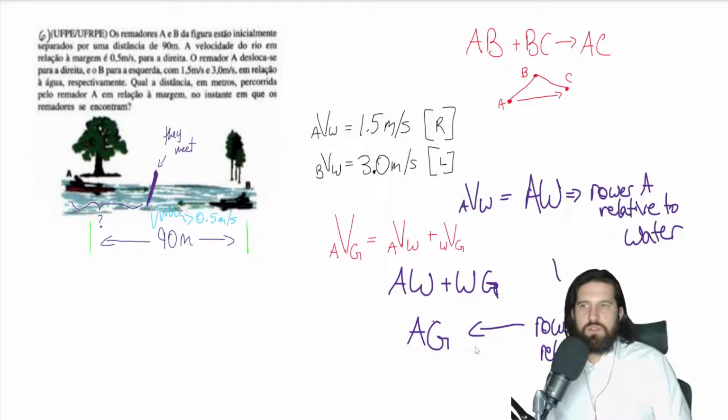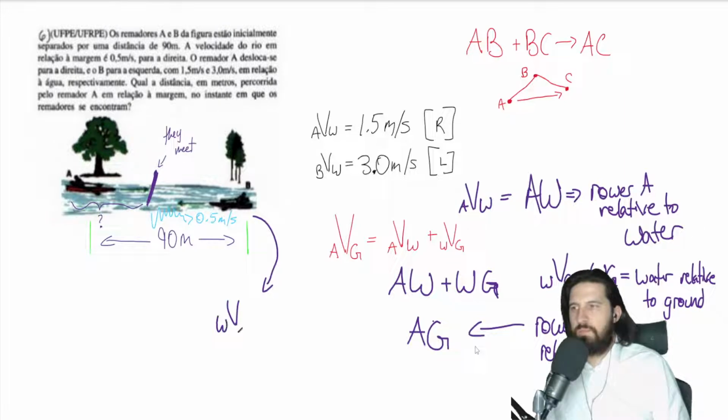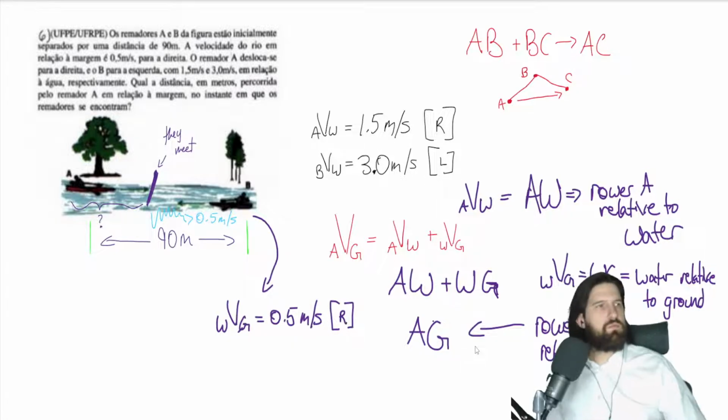And WG, the velocity of WG, is the water relative to the ground. That is the current, right? The velocity of the water relative to the ground is 0.5 meters per second to the right. Right?